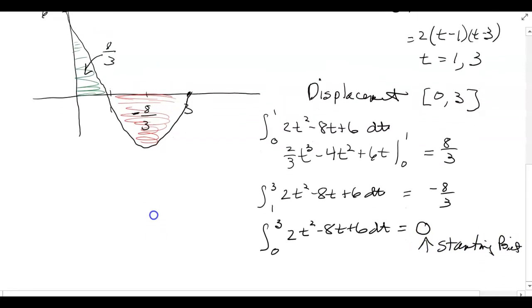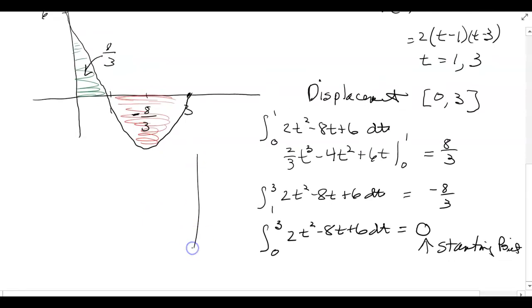Now, that's your displacement. Total distance traveled is another matter. Obviously, the jogger traveled a lot and did a lot of jogging in those 3 hours. So when we look at total distance traveled, you would need to take each separately as we did, but use the absolute value.